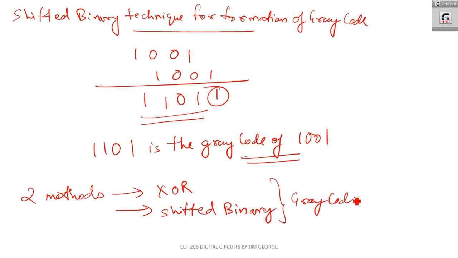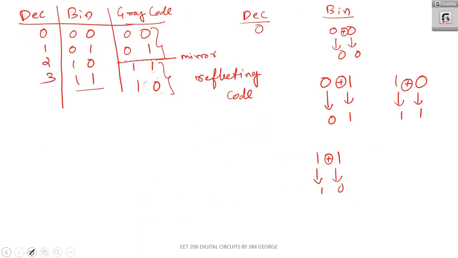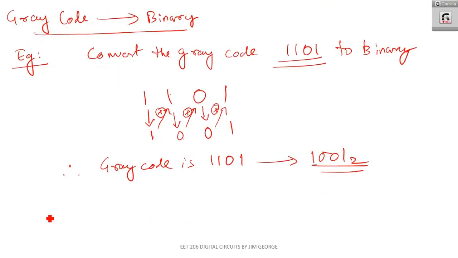Now, in this lecture, I also explained how, if a gray code is given, to convert it into binary. So say it is 1 1 0 1. I need to convert it back to binary. So 1 is taken as same. 1 XOR 1 is 0. Then 0 XOR 0 is 0. 0 XOR 1 is 1. So this is the corresponding binary code.